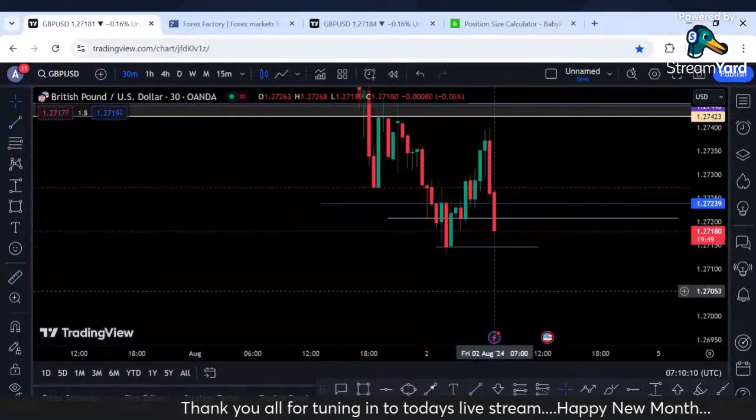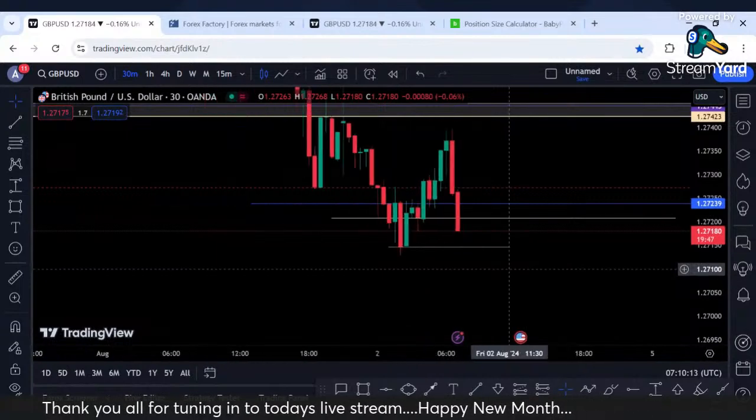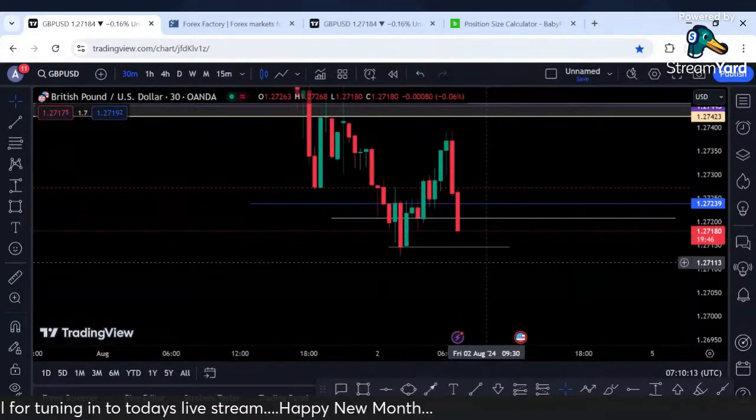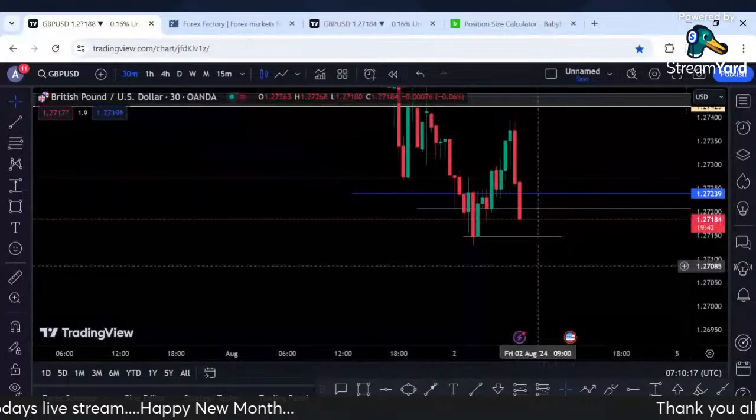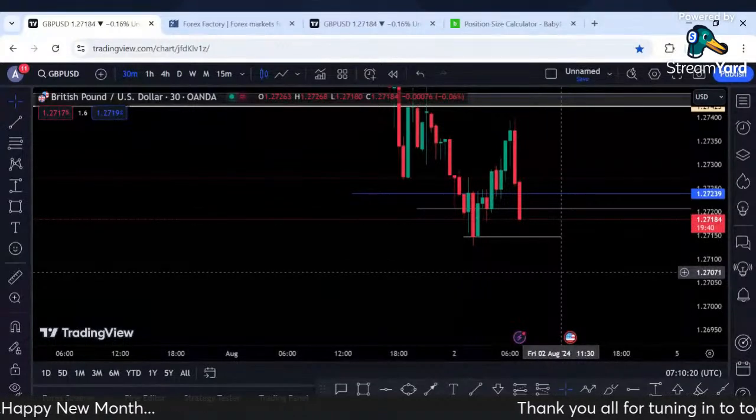So you see how lending open is bringing in a lot of volume.